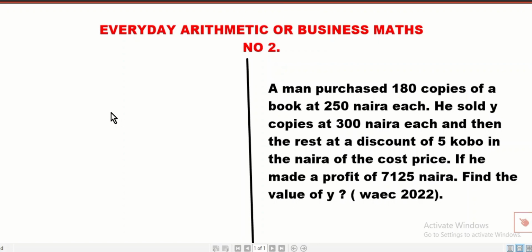If you look at this question critically, you will find out that there is something they specified. First of all, there was a profit that was made.